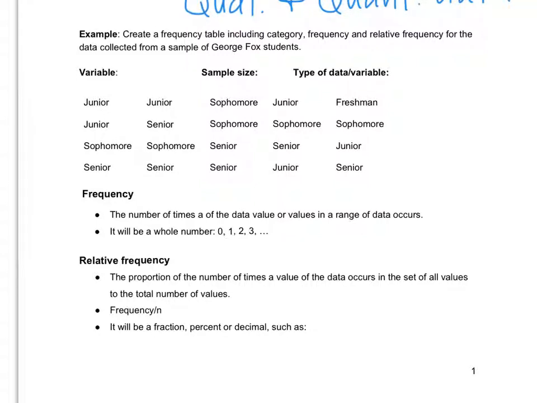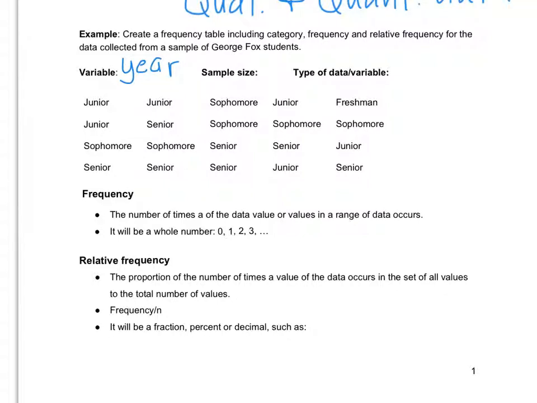So the data is listed there, and we can kind of guess what the variable is based on that data. So it looks like what we're looking at is data collected for the variable of year in college. So we'll list that as the variable.